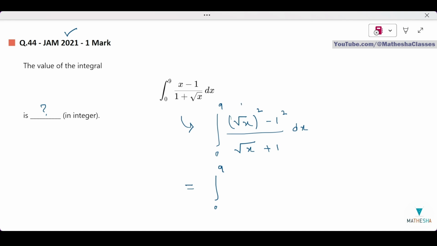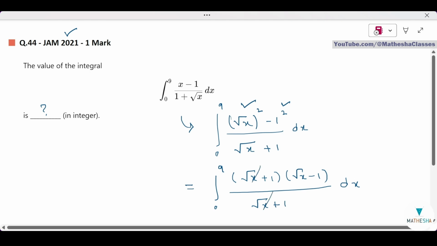So root x square minus 1 square can be written as root x plus 1 times root x minus 1. The denominator is root x plus 1. So we can cancel out root x plus 1 from both numerator and denominator.